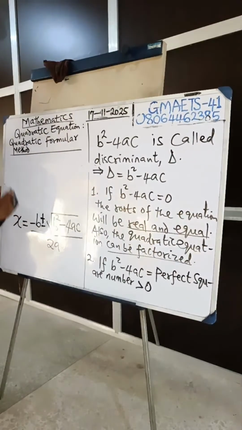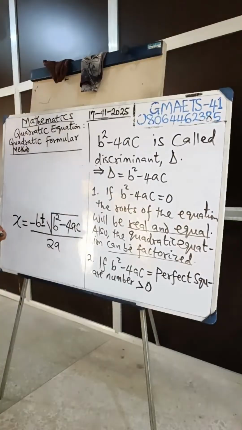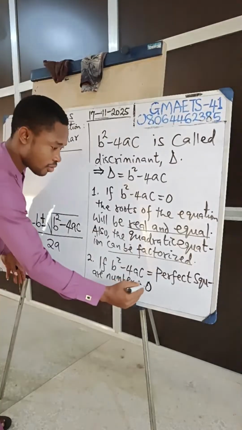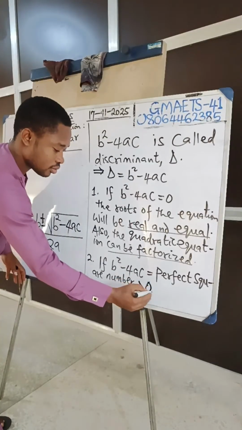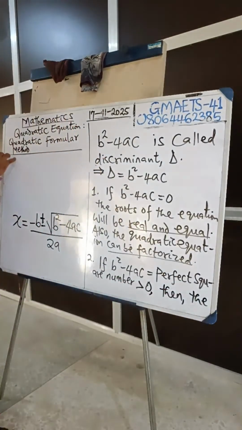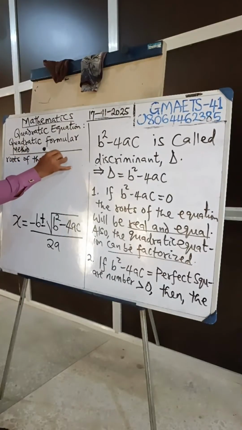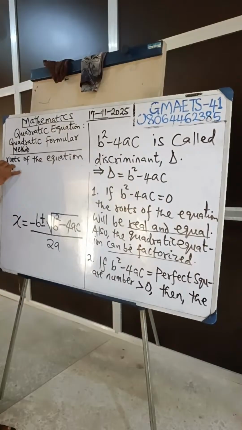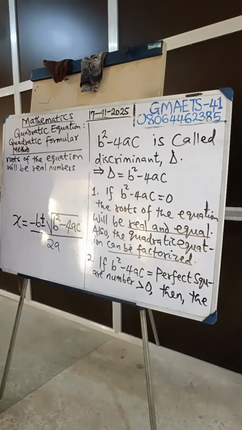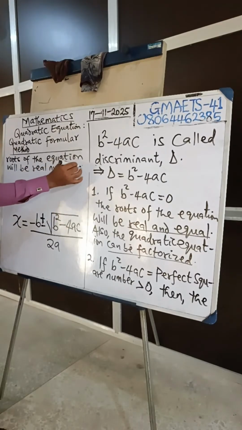If the discriminant is equal to a perfect square, which is greater than 0, then the roots of that quadratic equation will be real numbers, but not equal. Meaning real numbers and unequal.